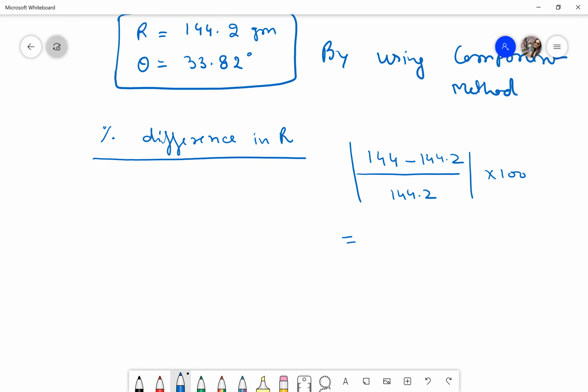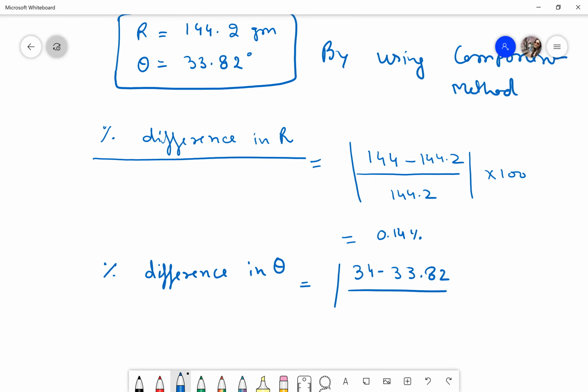This came out to be 0.14%. And the percentage difference in the angle theta is the magnitude of 34 minus 33.82 divided by 33.82, multiplied by 100. This came out to be 0.53% for me.